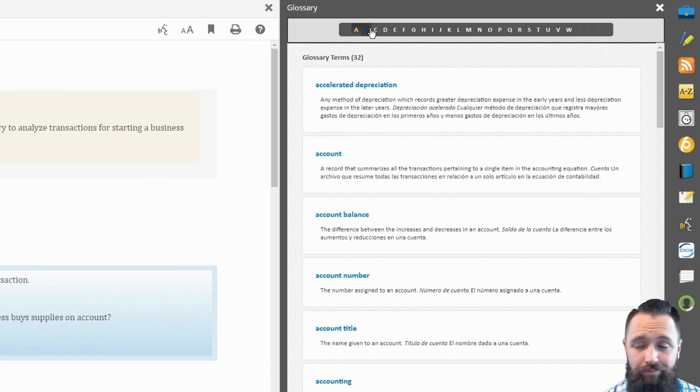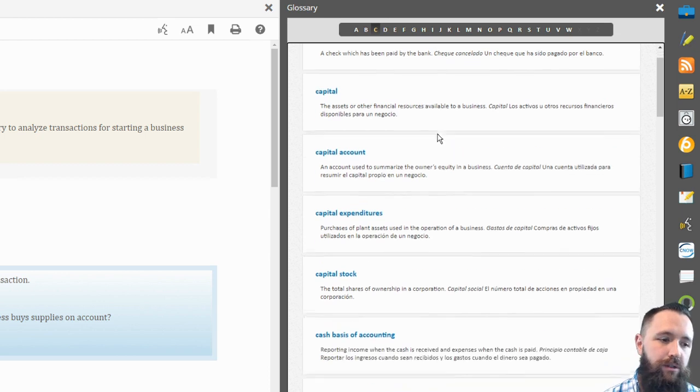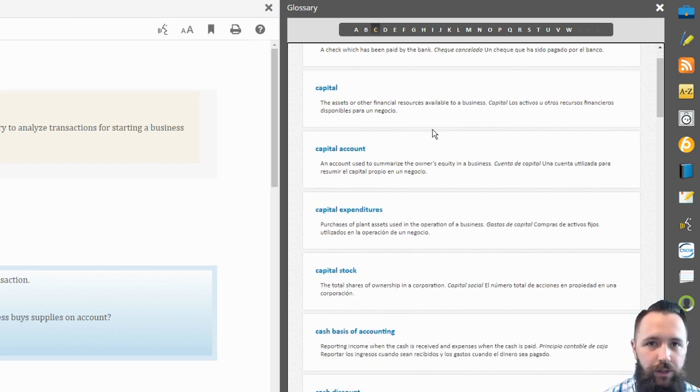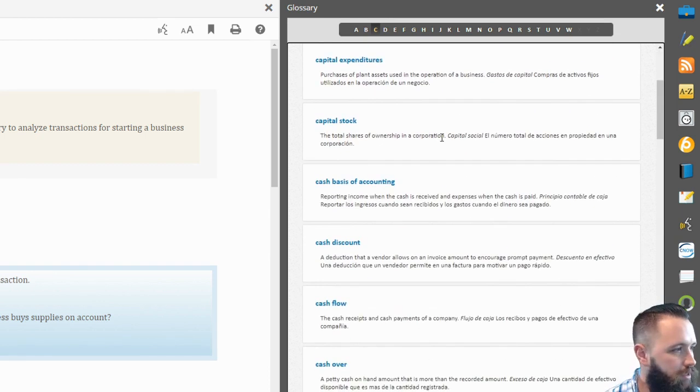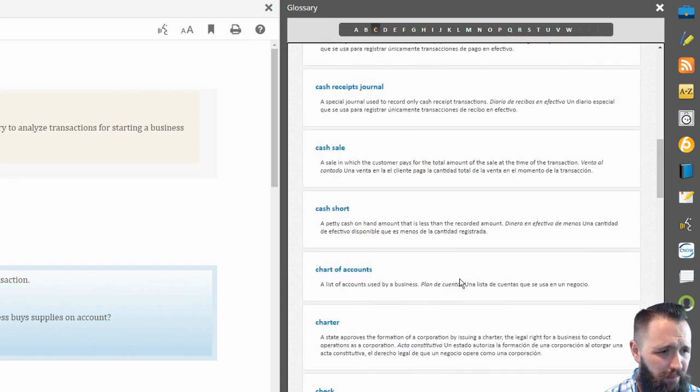I want you to remember all these vocab words, but remember, this class with our virtual setting is open book, and we have all these resources at our fingertips. So if you see chart of accounts and you don't think we really covered it a whole lot, a chart of accounts is a list of accounts used by a business. So it's just all the accounts that a business is going to have.